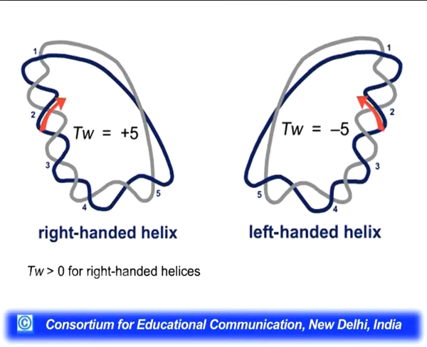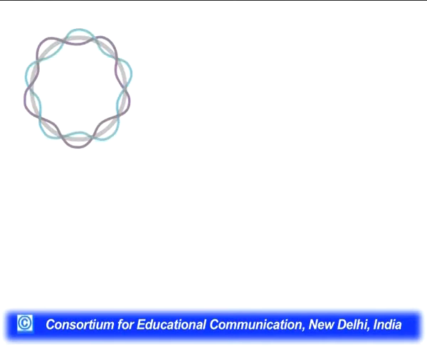It does not commonly exist in nature, but due to certain physiological conditions, some part of a DNA can exist in the left-handed manner. So if TW is less than 0, then it is a left-handed helix.